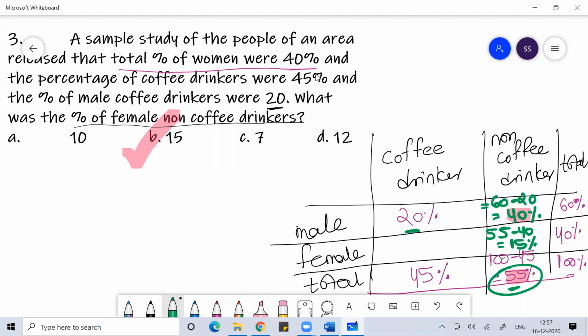Clear everyone? Now this value will be 45 minus 20, or you can say 40 minus 15, all is the same thing. You will get the answer, that is 25. Clear everyone?